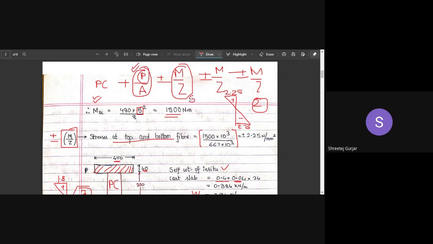This is due to self-weight of the precast beam. This particular thing is due to self-weight of the cast in place slab. This is due to live load. So this is the formula that you have to use.